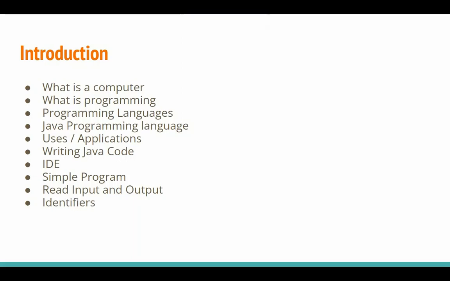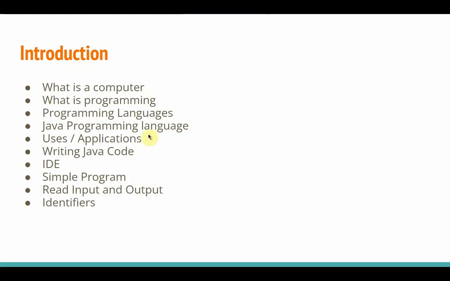You can create software that is going to run on Windows machines. You can create software that is going to run on Mac OS systems. You can also create software that is going to run on Linux systems, right? It depends on whatever application or software you are going to be creating.